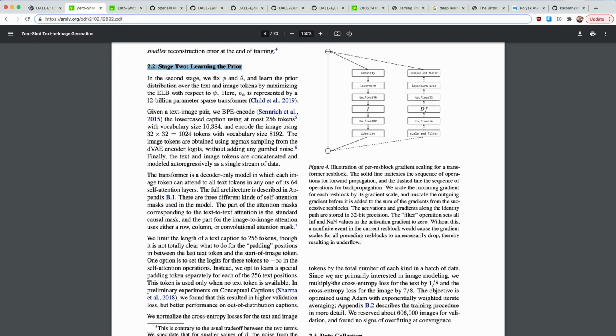It's 1024 plus 256 integers, laid out in a one-dimensional sequence. Although, as you mentioned, Justin, we are going to play with the attention mask to bring in some of the priors of how these images are structured, with row, column and convolutional attentions. We'll get to that in a bit. But for the most part, we are basically going to put a transformer on it and model it autoregressively, very similar to GPT. But there's a lot of technical detail here as to how to actually get that to work.